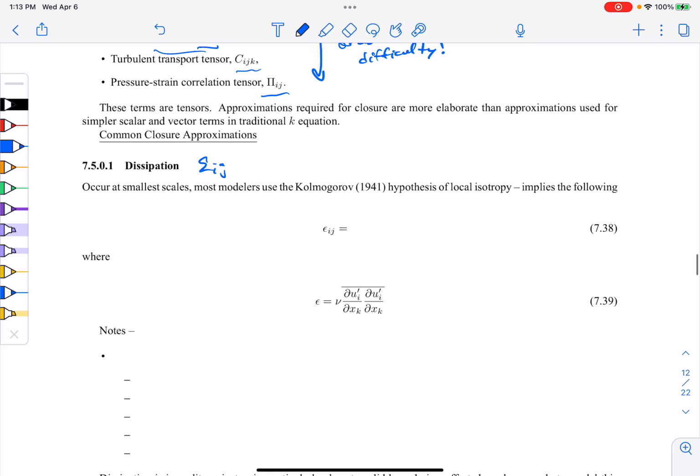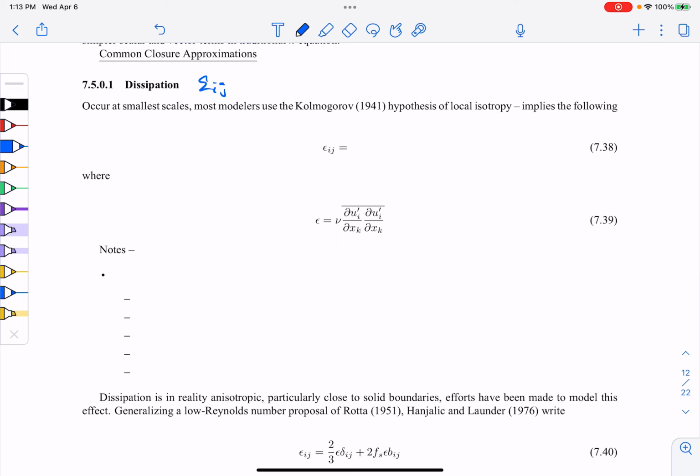And it was argued a long time ago by Andrei Kolmogorov in the Soviet Union that most of the dissipation occurs at the smallest scales, but we know dissipation affects all scales, as we previously discussed in our two-equation model part of the course. But this is the original dissipation type closure.